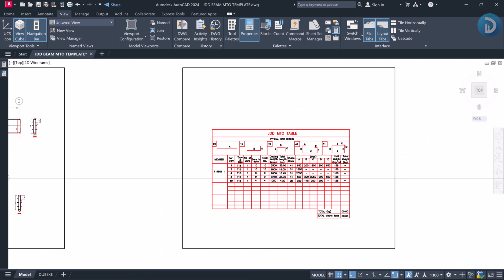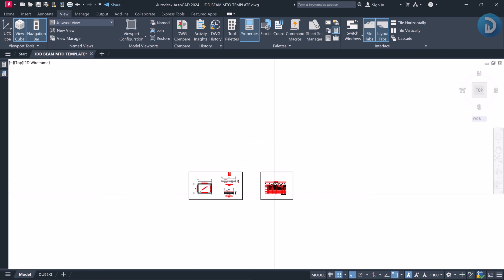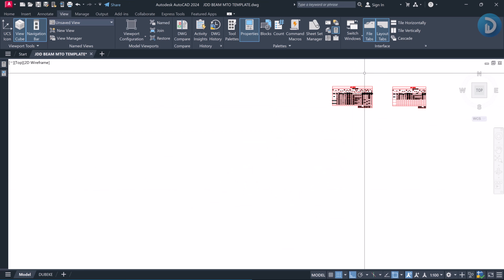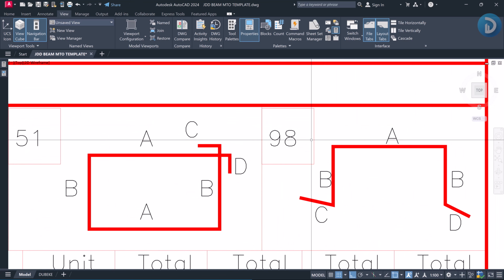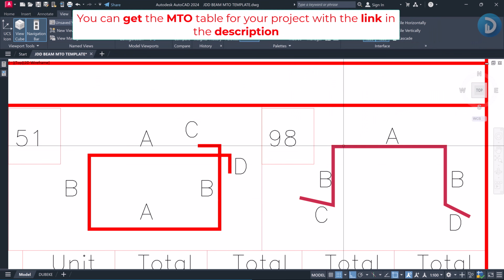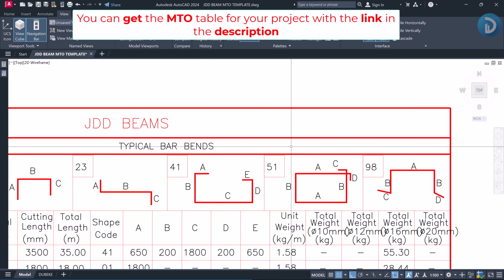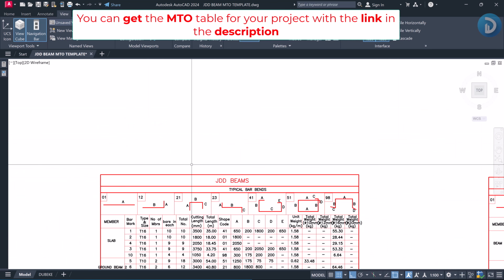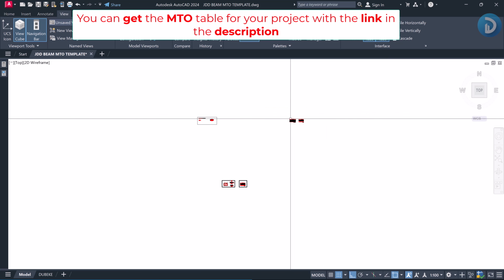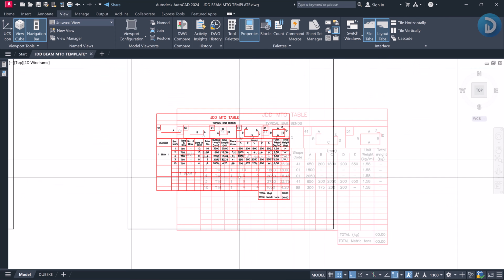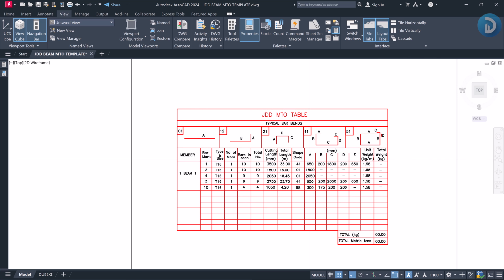We also have an extra table with different reinforcements, including the ones you require for your slab, such as the chairs, as we choose to call them. Just follow the link in the description and you'll be able to get this for your project.